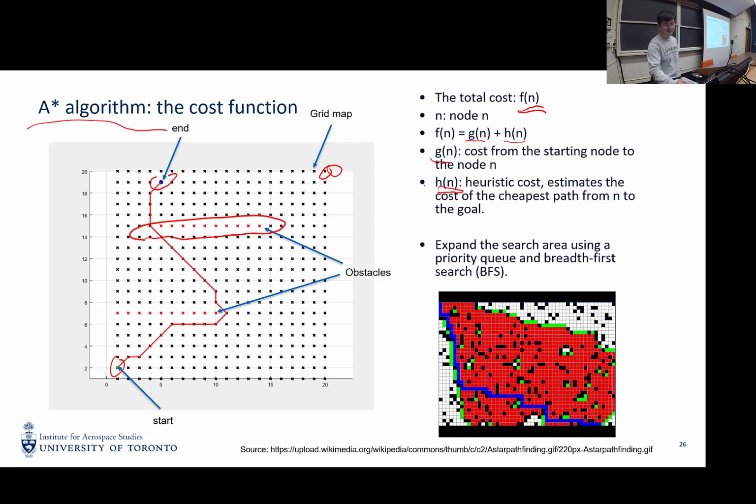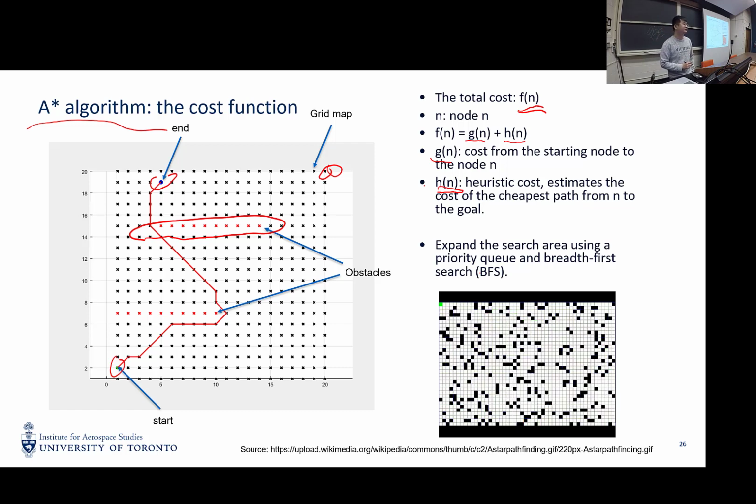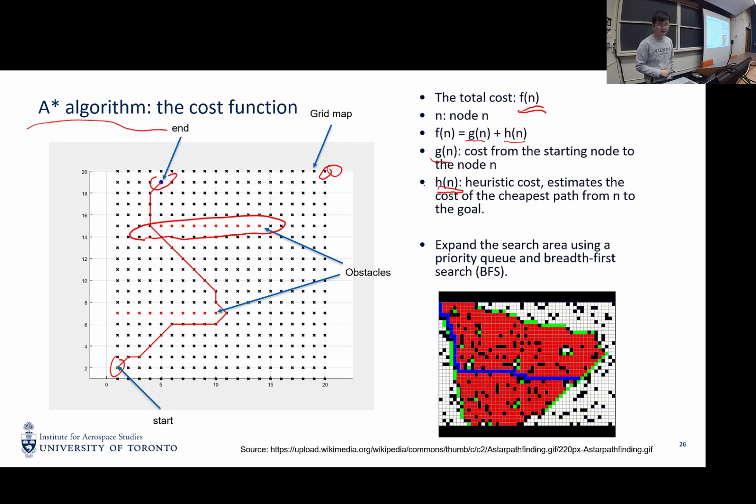But H here is something special. It's called a heuristic cost. It is a kind of estimated distance from your current location to your goal location. So your cost is a combination of the path you have traveled and the path you have not traveled. We explore the map based on the total cost of these two cost functions by using breadth first search, BFS.